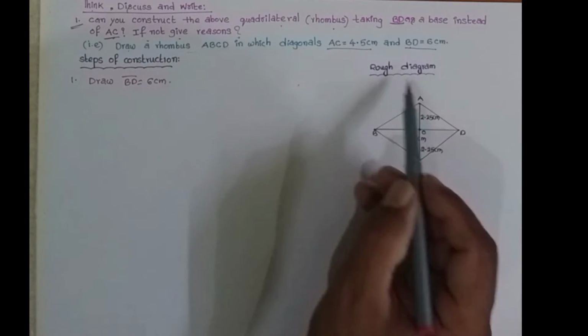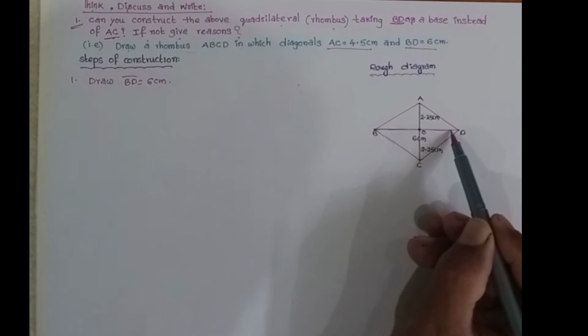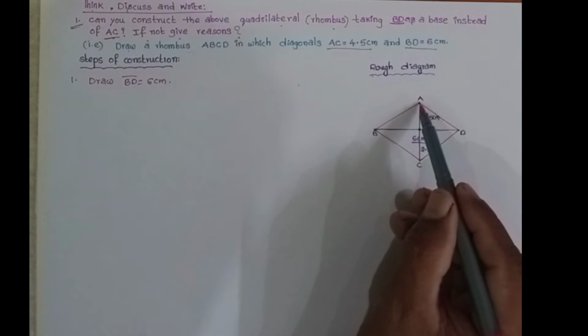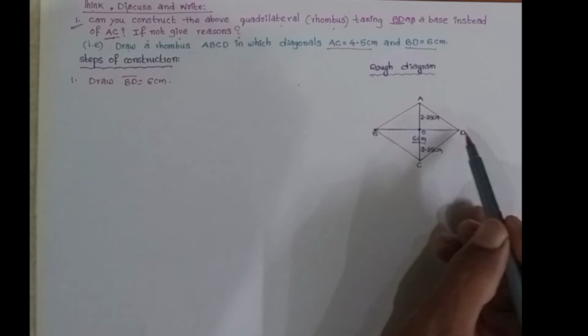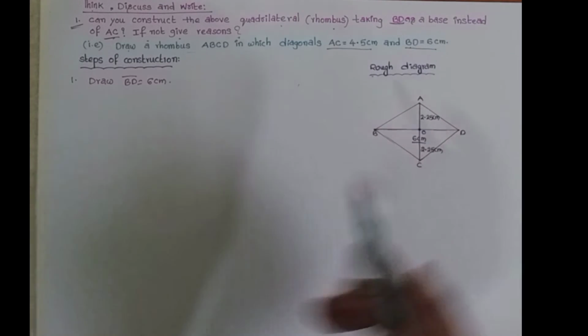Okay. Consider the rough diagram. Now we have to draw first BD as base, equal to 6 centimeter length, and then we have to construct the perpendicular bisector of BD, that is AC, having OA equal to OC equal to 2.25 centimeter.